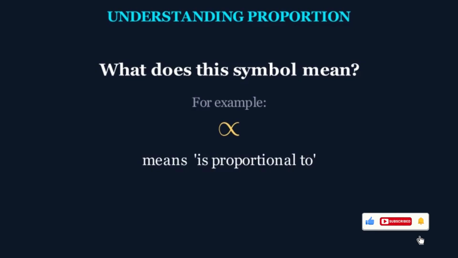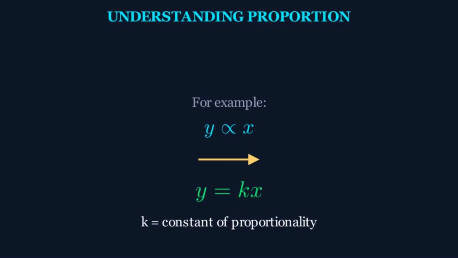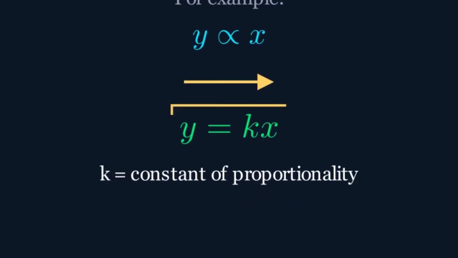For example, if we have y is proportional to x, it means that y changes in proportion to x. We can rewrite this relationship using a constant called k. Y equals kx. Here, k is the constant of proportionality.